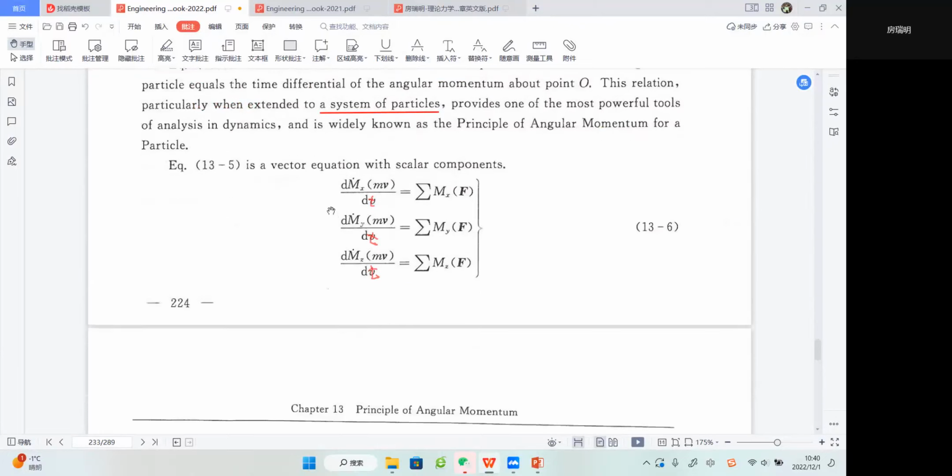For the same reason, we have d(Hy)/dt equals sigma My(F), and d(Hz)/dt equals sigma Mz(F).